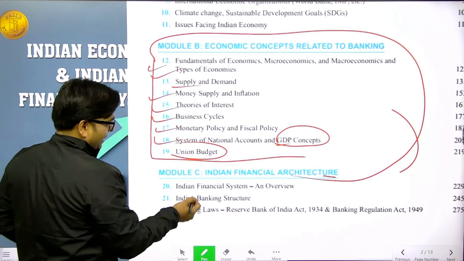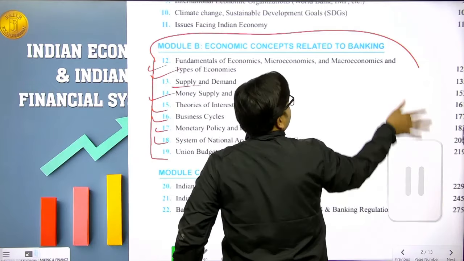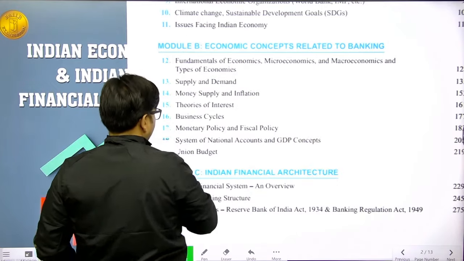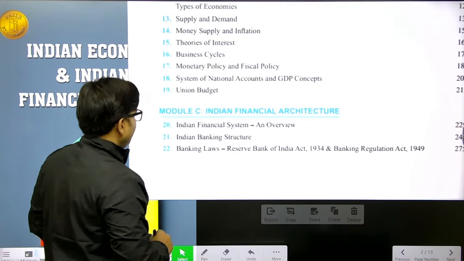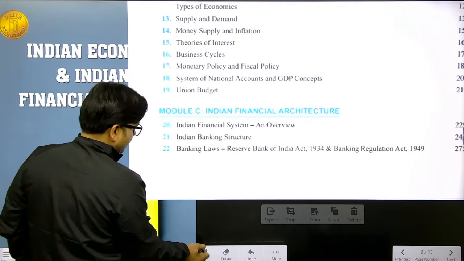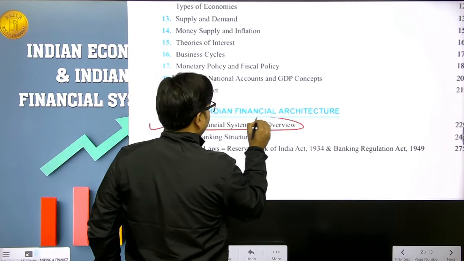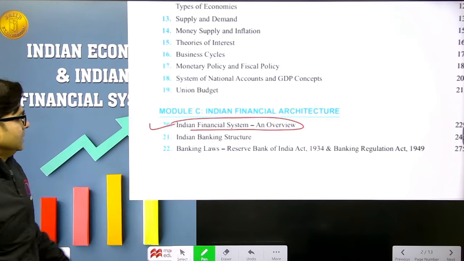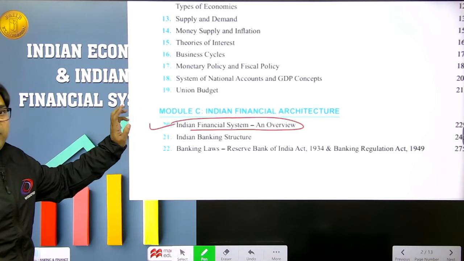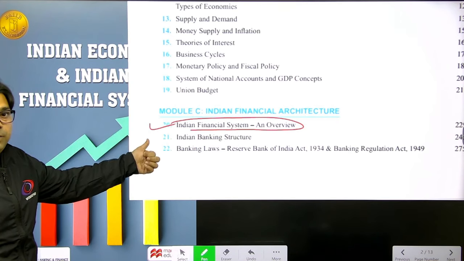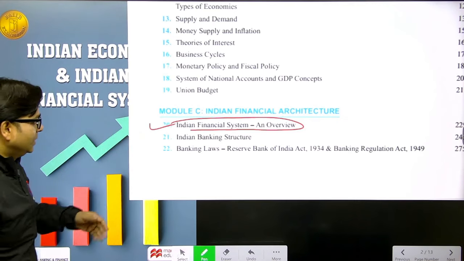Okay, next. Next is Module C, Indian financial system. If you remember, these are topics from Legal and Regulatory Aspects of Banking of JAIIB in the previous syllabus till 2022.